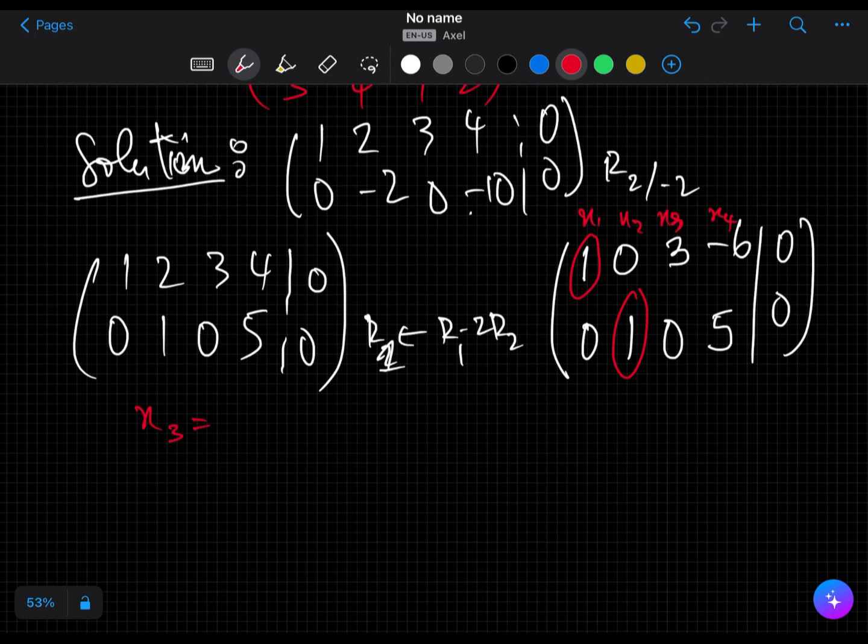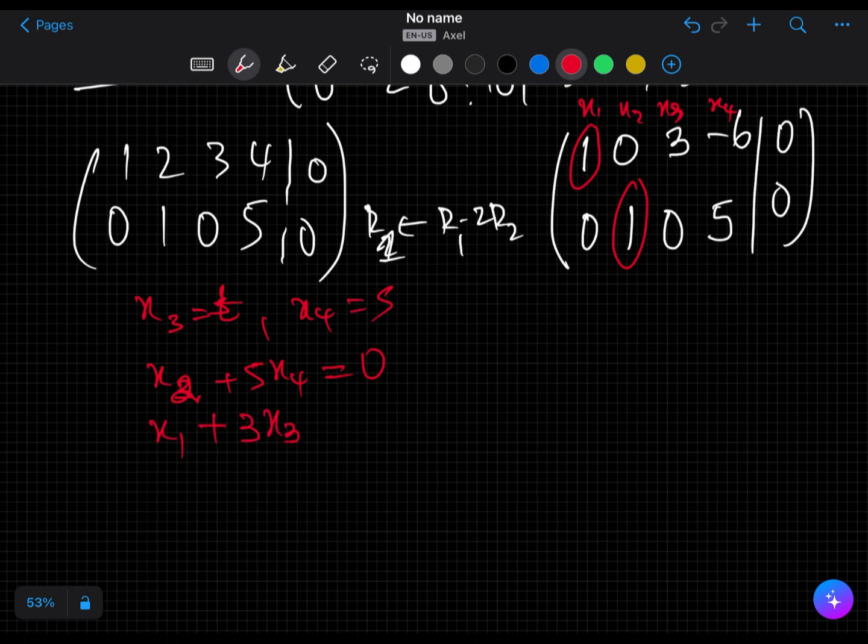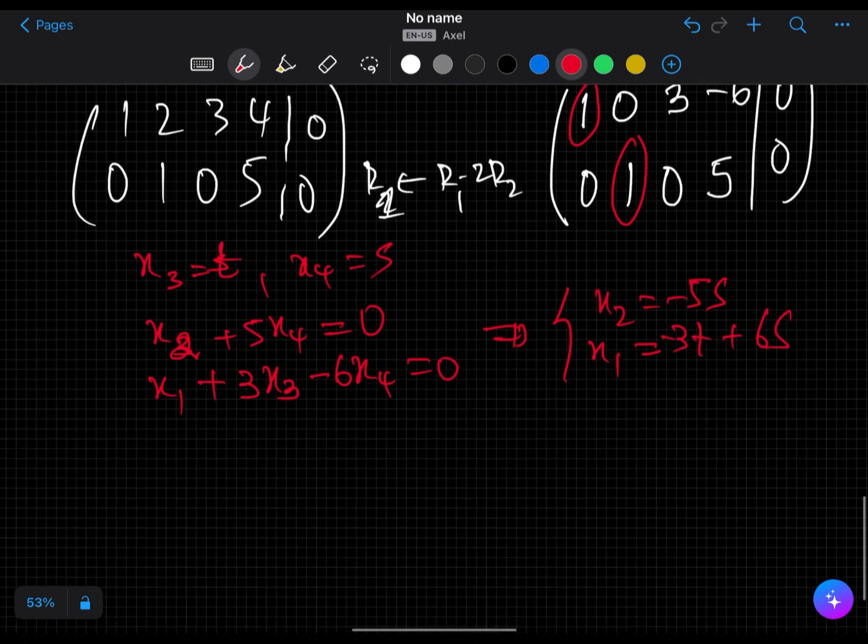So x3 equals t and x4 equals s. From the second row equation, I have x2 plus 5x4 equals 0, and from the first row, I have x1 plus 3x3 minus 6x4 equals 0. This leads me to x2 equal to minus 5s and x1 equal to minus 3t plus 6s.